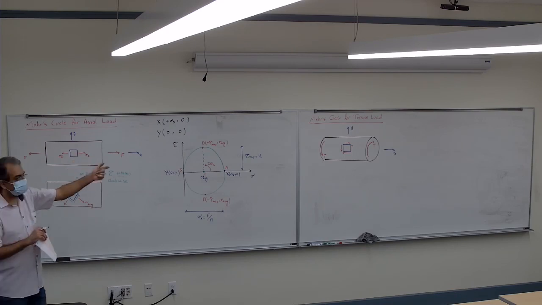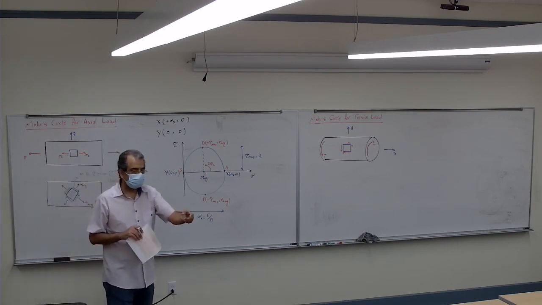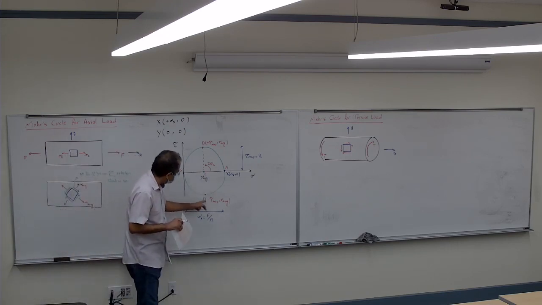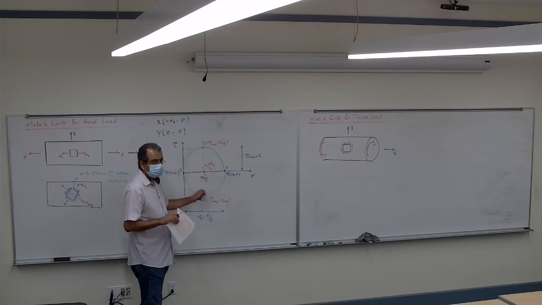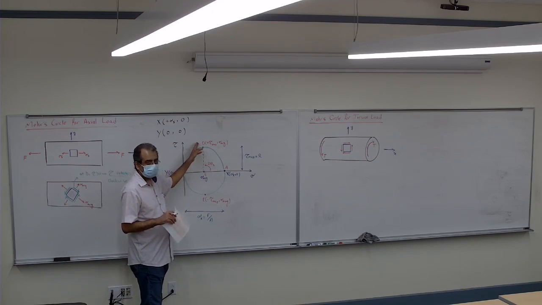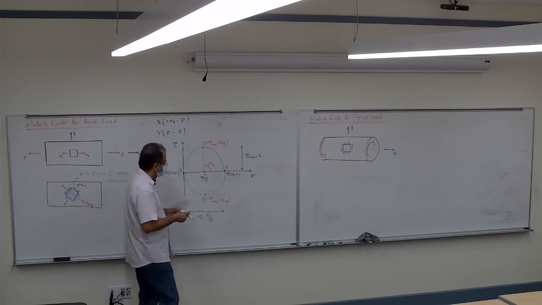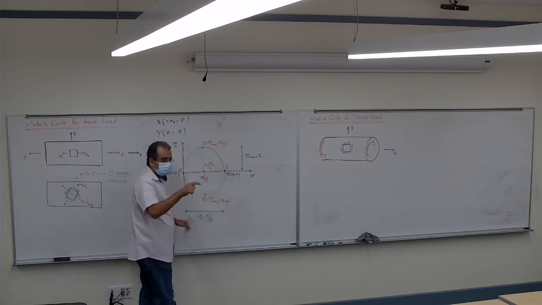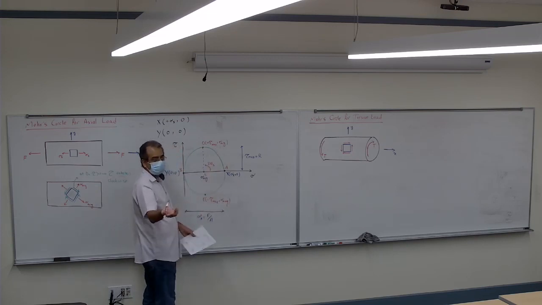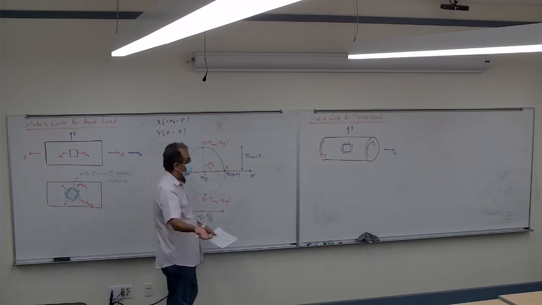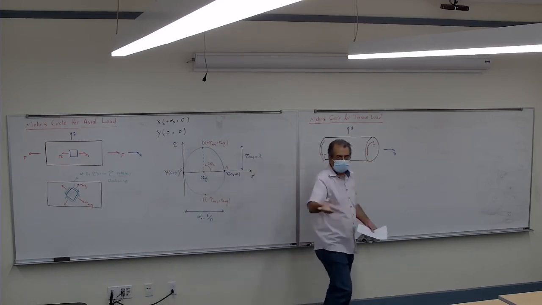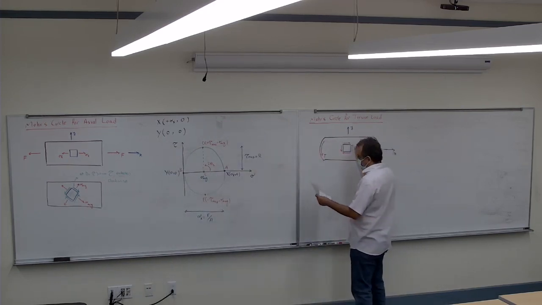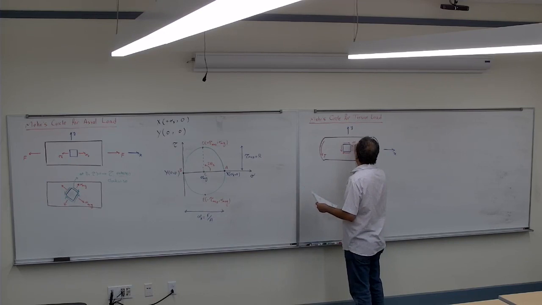When sigma x and sigma y are equal, what does it mean? It means that tau should be at its max. If I have 2 points where sigma is equal, the only point where sigma is equal is where I have the tau max. So here I don't have any normal stress, so that should be tau max.